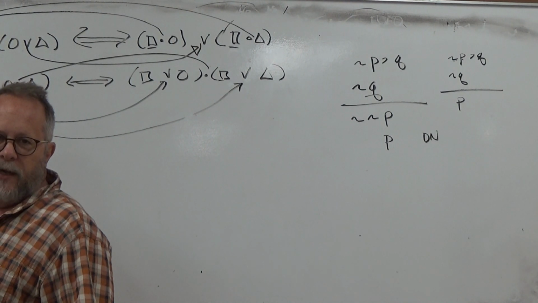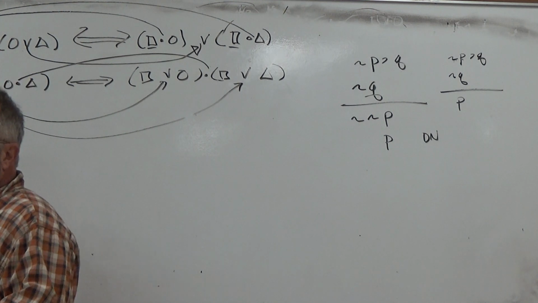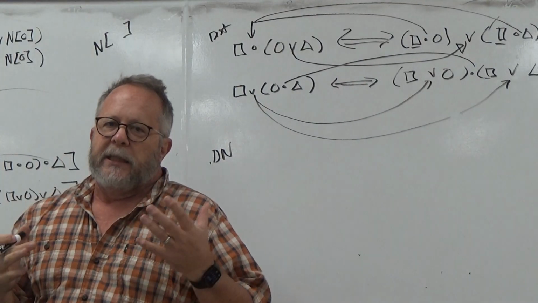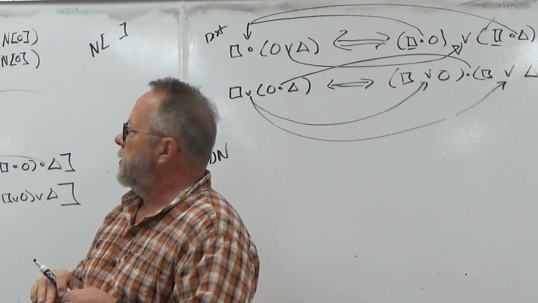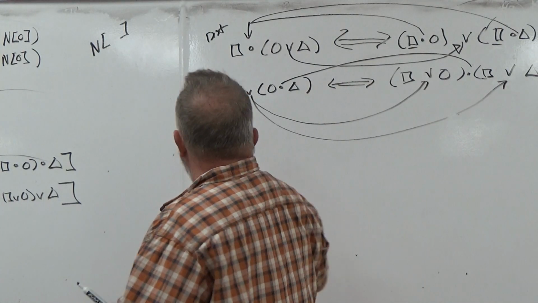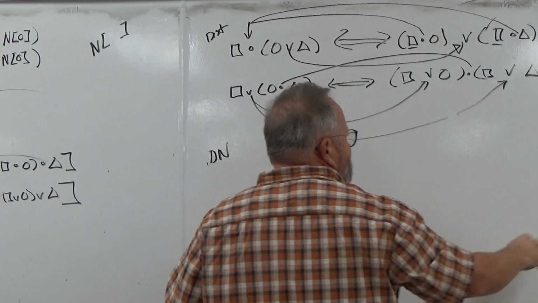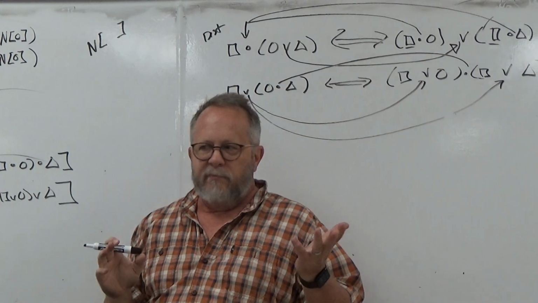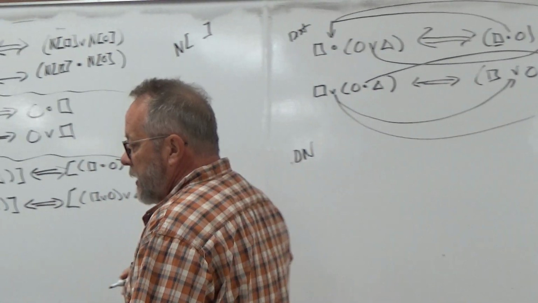Does everybody understand that? But I'm including it in our list because I want you to be aware that other texts, other systems don't use this. It's less powerful. They're less powerful, so they have to include double negation in order to get done what needs to be done.